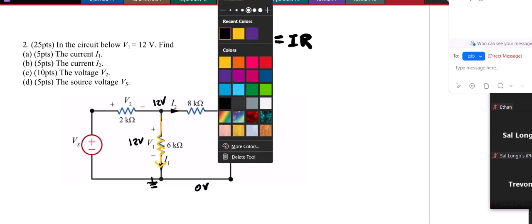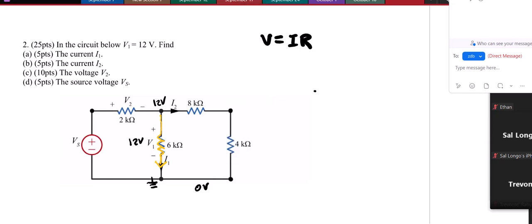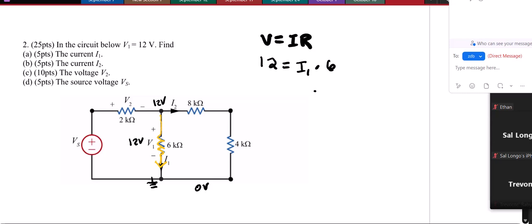That voltage is going from the positive side to the negative side, and that's the same direction the current is going. So my signs are all correct. So that's 12 equals I1 times 6 kilo ohms.